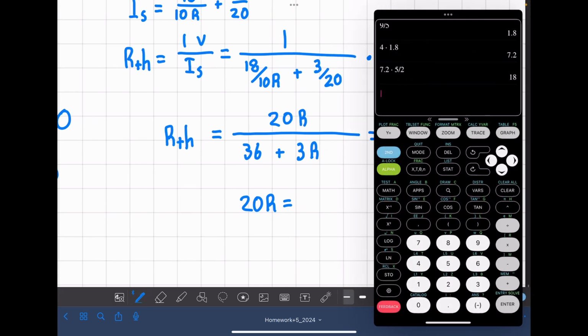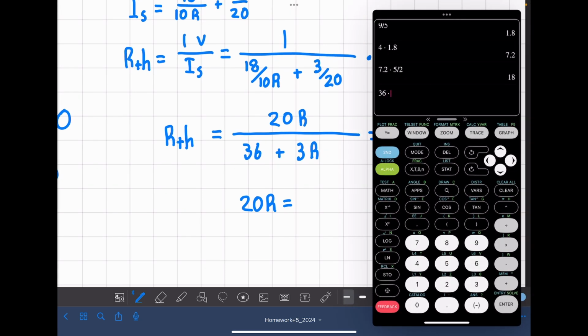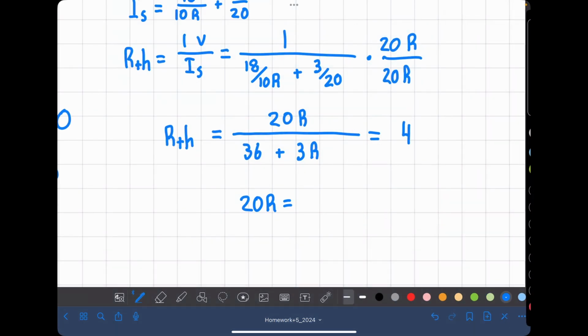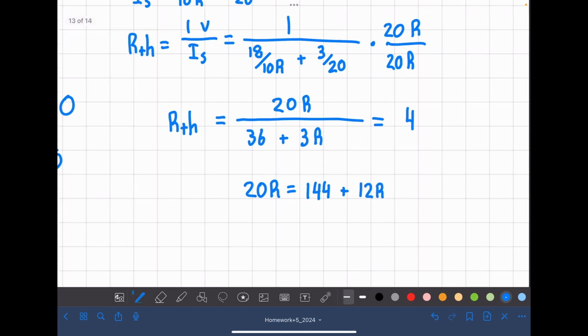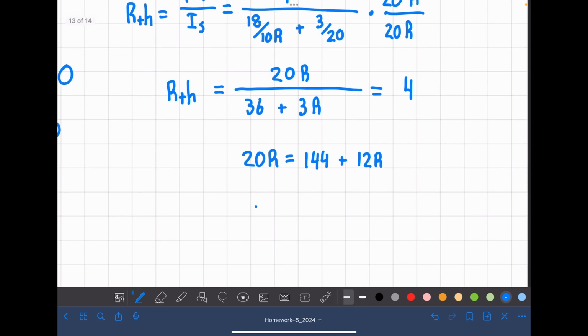Oh, jeez, that wasn't in the multiplication tables. 144. That's not terrible. Plus 3R times 4, 12R. Bring our R over, we get 8R is equal to 144.